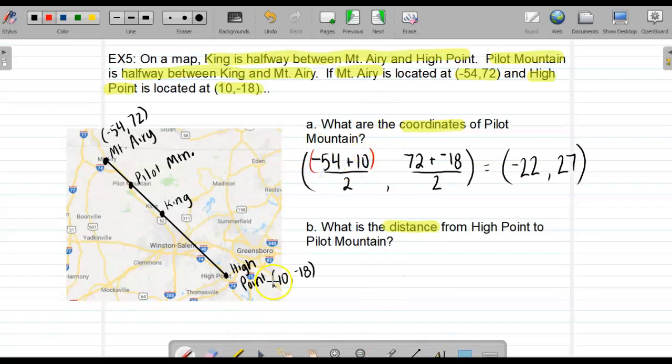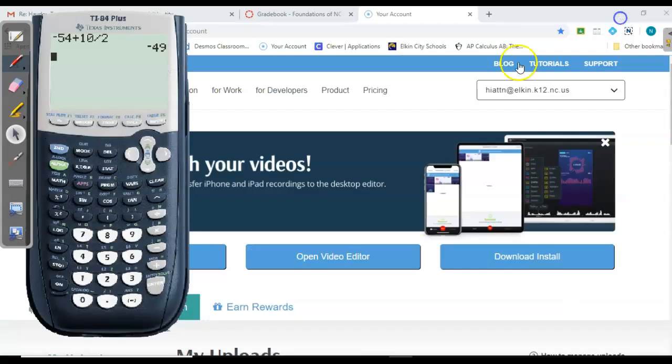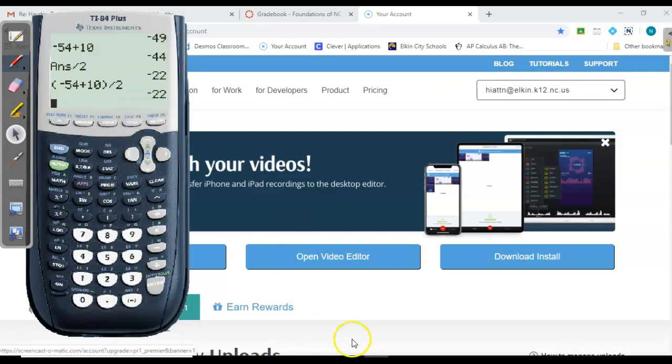Or you could hit enter before you go to the next part. So you could do negative 54 plus 10, enter, and then divide by 2. That'll give you negative 22. Or you can do negative 54 plus 10 in parentheses, and then divide by 2, and it will also give you the right answer. So be careful when you type that into your calculator.